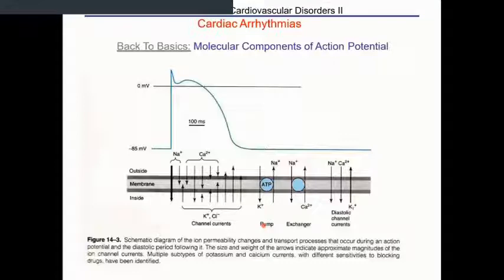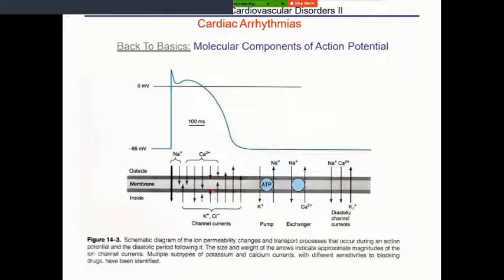And this is the biochemistry behind the generation of the action potential. The passing through of sodium and calcium ions, together with your potassium and chloride currents, lead to changes in the electronegativity or electropositivity of your membranes.